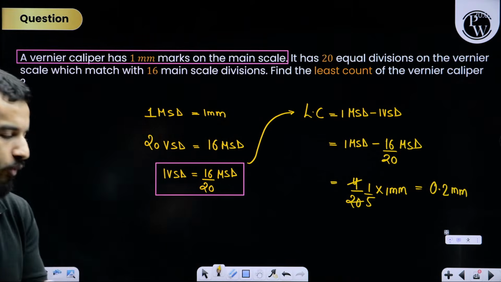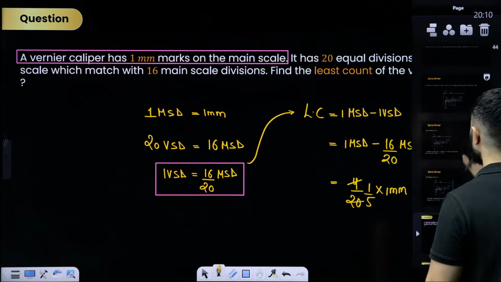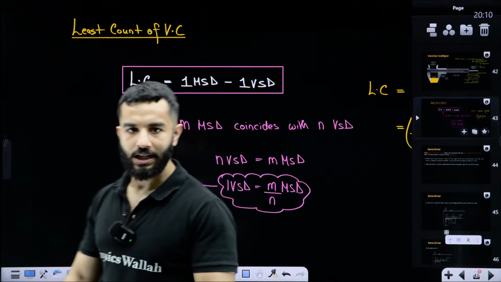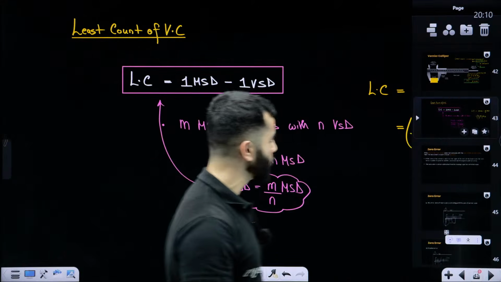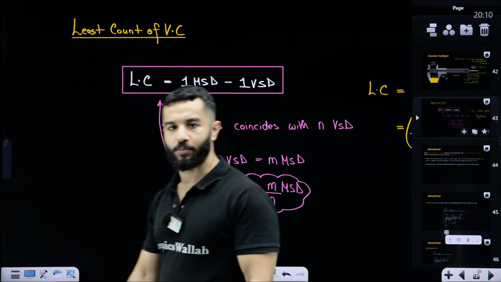Very easy, very basic. But if you want to understand how this formula works, or why the least count formula is 1 main scale division minus 1 vernier scale division, then do let me know. I'll make a separate video on just vernier caliper and screw gauge.